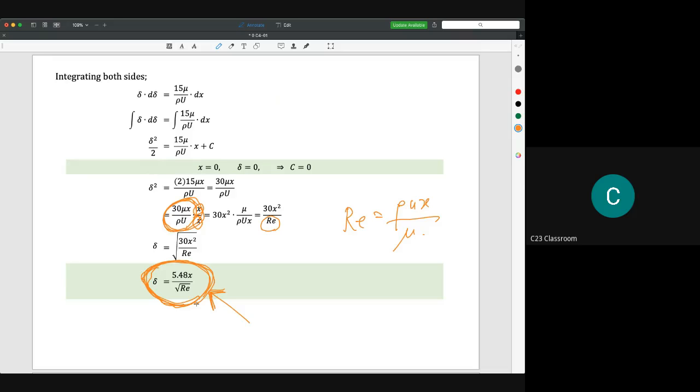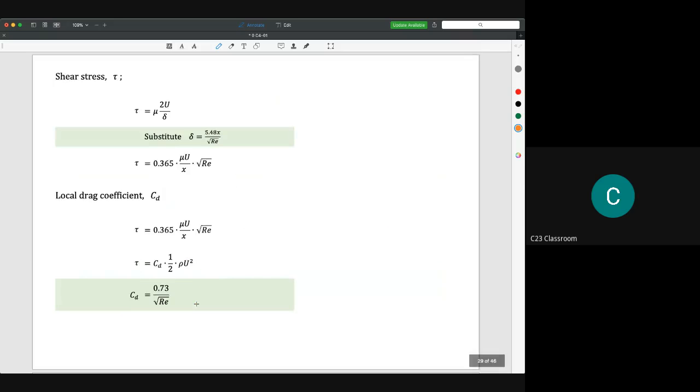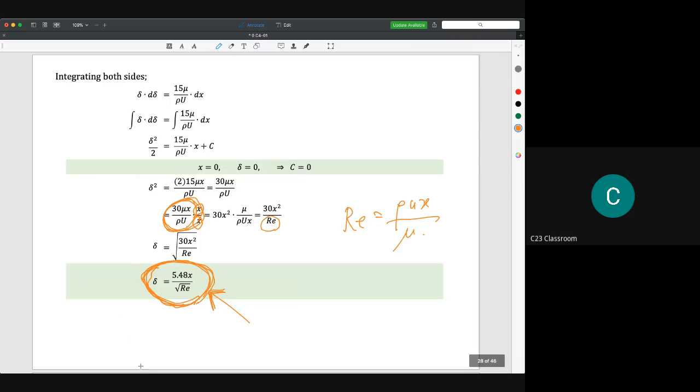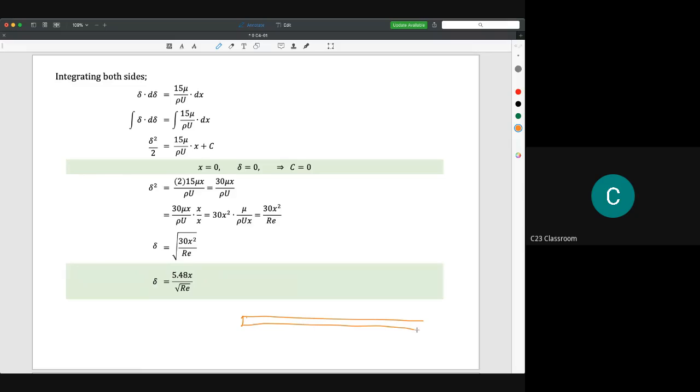Now you get the Reynolds number and the delta here. So how to use this delta? It's quite straightforward. I think you have experience of this one. For example, we have a flat plate here, and then we have a boundary layer here. This is the x-axis.